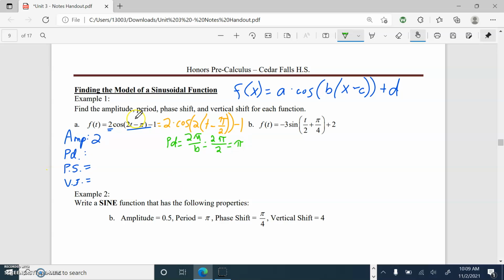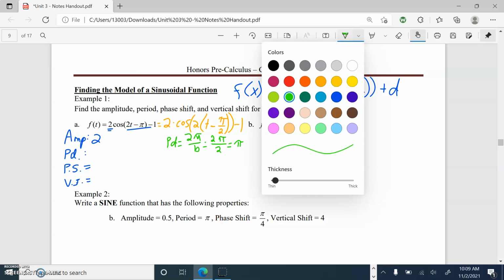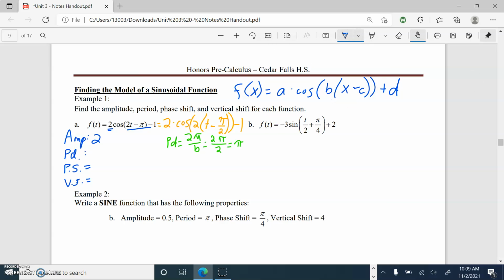What this has done, by putting a 2 out front, is take the distance of our peak to peak from 2 pi down to just pi. So that is our period.